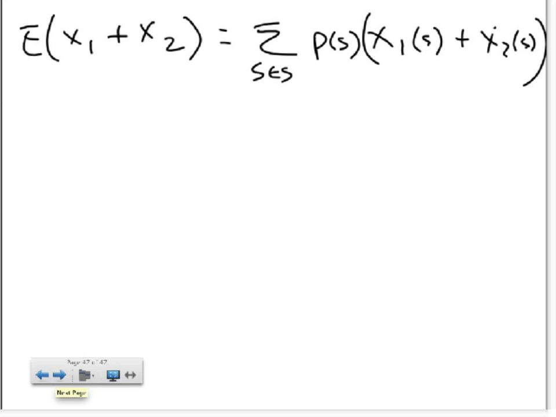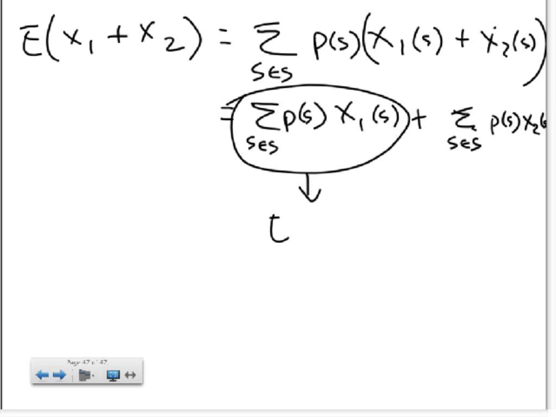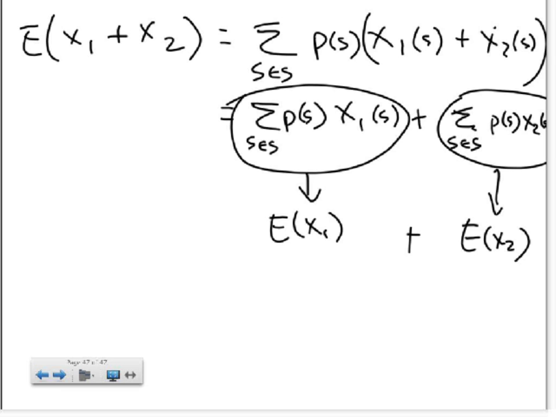Going one more step, if I multiply it out within the sums, I will get the sum of probability times X1 plus the sum of probability times X2. If you look at this, this equals the expected value of X1, and this is the expected value of X2. So there you have it: the expected value of X1 plus X2 equals the expected value of X1 plus the expected value of X2.